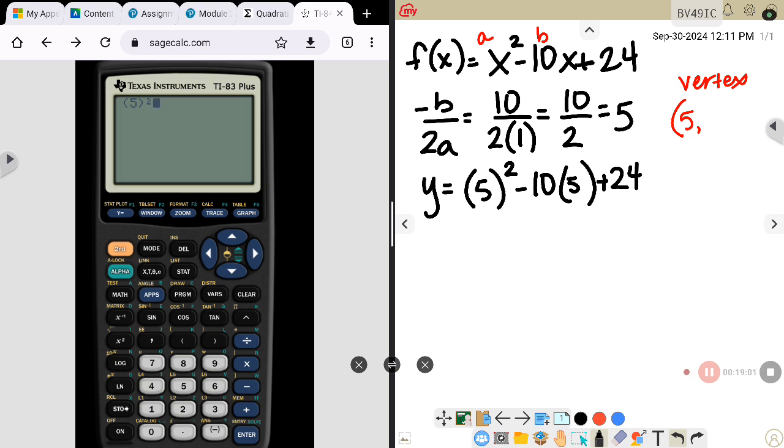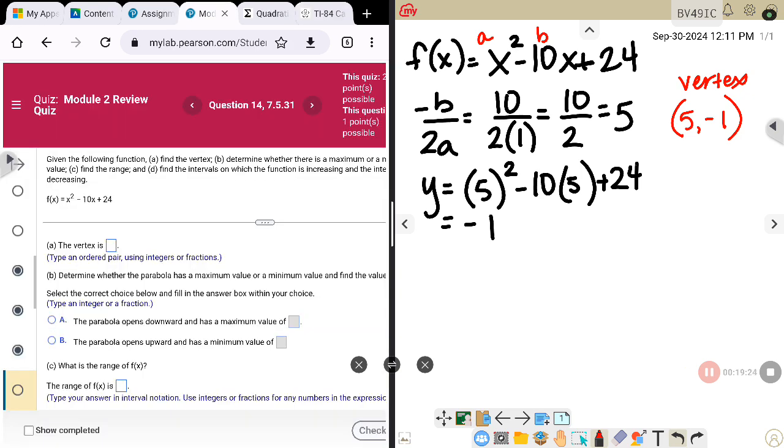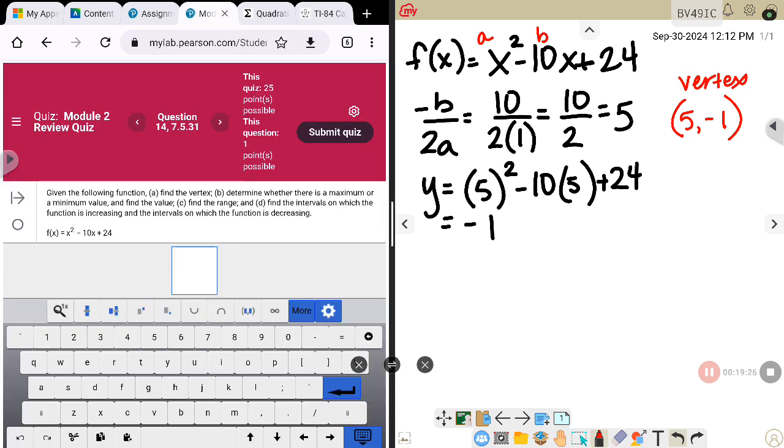Minus 10, open, 5, close, plus 24, which gives me -1. So my vertex will be at 5, -1. It's a vertex, so again, it's an ordered pair.